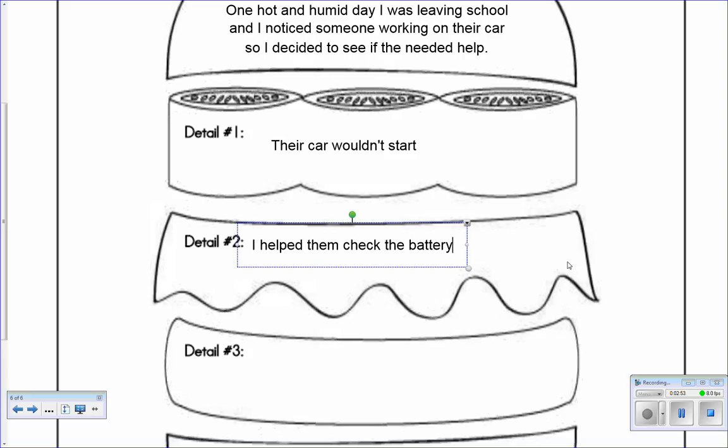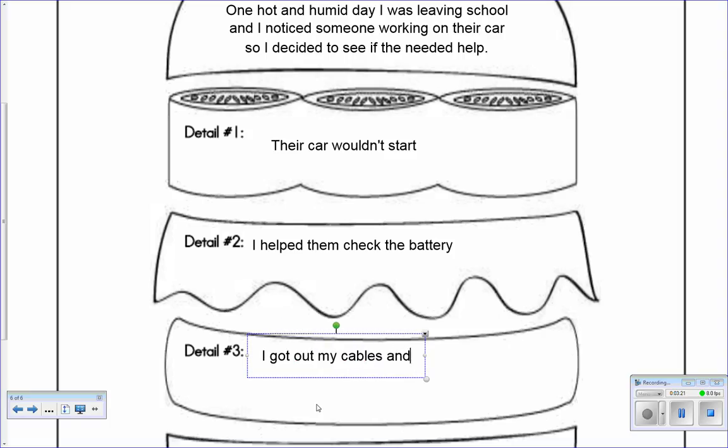Between me helping them check the battery and my third detail, we realized it was a problem with the battery. So I knew, and this is my third detail, that I would need to get my battery cables out and help jump their car. So my third detail is going to be I got out my cables and helped jump start their car.